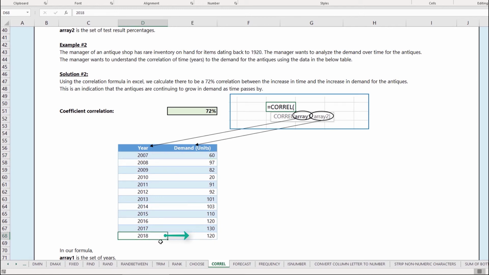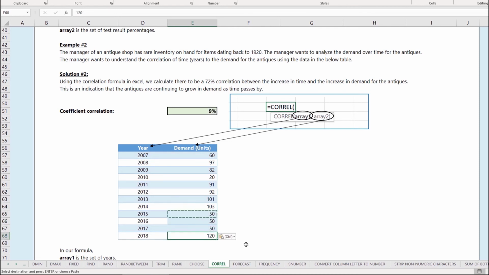If we were to increase this to 180, we would expect the coefficient correlation to increase from 72% and be a higher percentage, and it does. It becomes 78%. On the other hand, if demand for that old antique dropped in 2015 onward to, let's say, 50, we would expect the coefficient correlation to drop significantly, and it does.